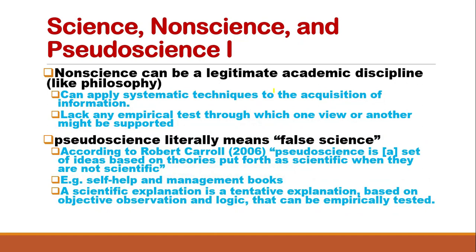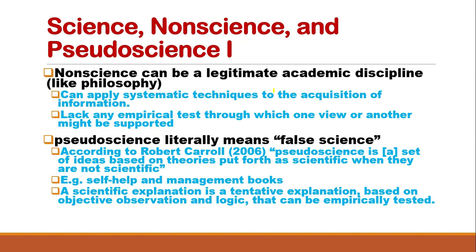On the other hand, there are some non-science disciplines as well, such as philosophy, political science, perhaps history, and these disciplines may also apply some systematic scientific technique to acquire information such as surveys or interviews. However, there is some difference in how the final results or opinions can be made. For instance, a philosopher may differ on what they consider to be ethical behavior, and they may support their position through logical arguments.